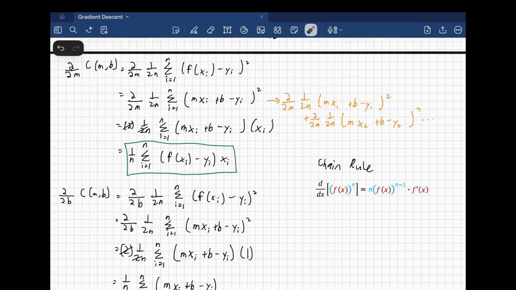To differentiate a function inside another function, we bring down the exponent, multiply it to the inner function, then subtract 1 from the exponent, then multiply that by the derivative of the inner function. That's why we got f prime of x, and we just apply it here. But first, we must plug in the linear regression equation to f of xi. So that's why we have m xi plus b minus yi.